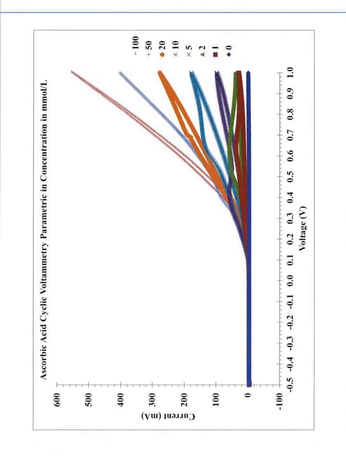The results that we got for ascorbic acid, vitamin C, for the current versus voltage plots are shown on this slide, where the concentrations in millimoles per meter of the vitamin C are in the legend.